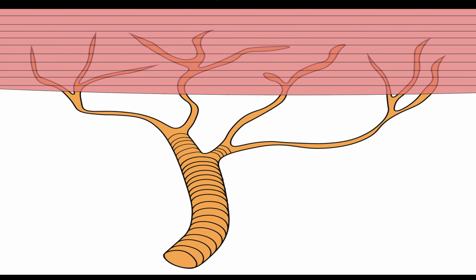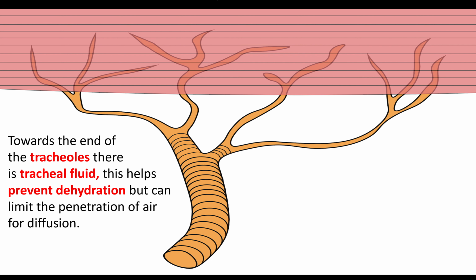However, we have to note that towards the end of the tracheoles, there is normally what's known as tracheal fluid. Now remember, I talked about the fact that water vapor can be lost. If there is a high enough temperature, that would cause evaporation of the tracheal fluid, turning it into a gaseous state, and it could then diffuse out.